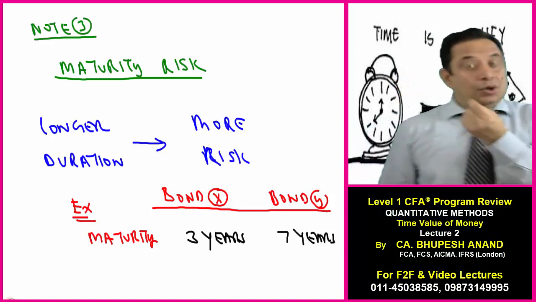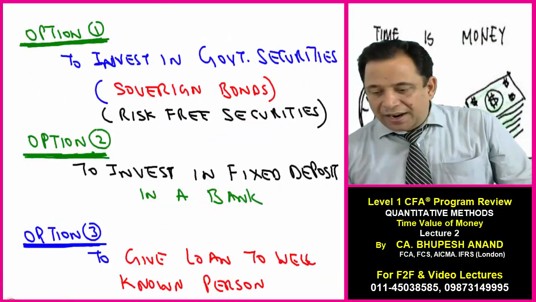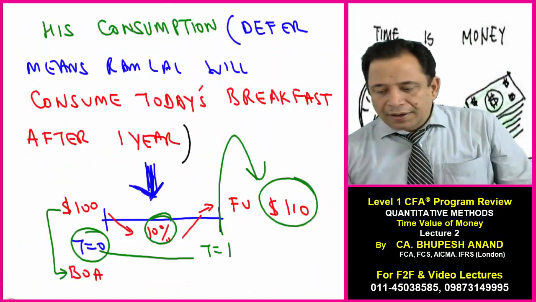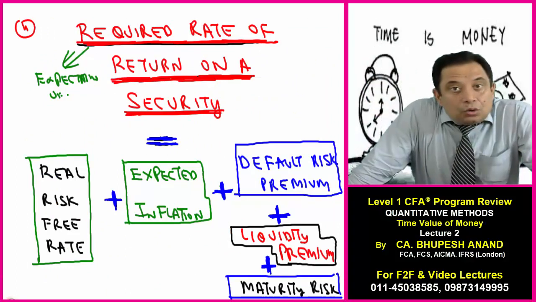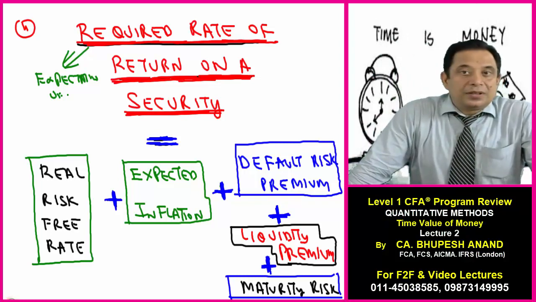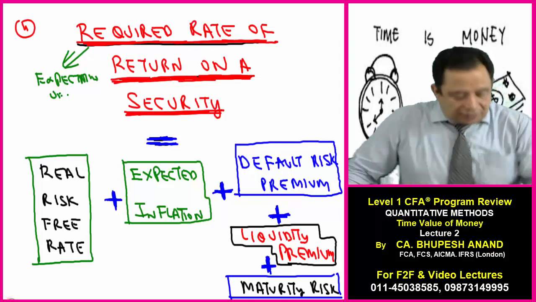You're getting my point? So I am again moving to that point that required rate of return is equal to interest, which is equal to the real risk-free rate plus the components of risk premiums. So this is the formula and the logic we have discussed.